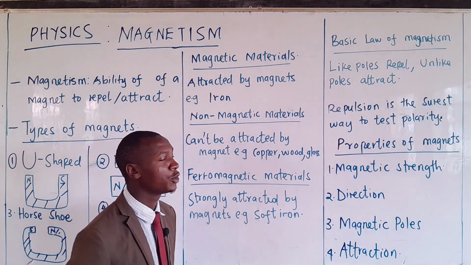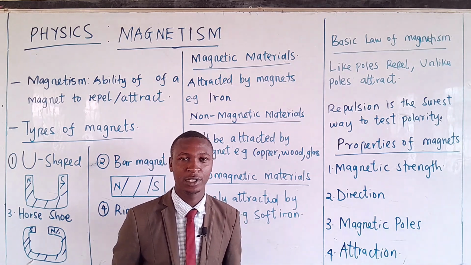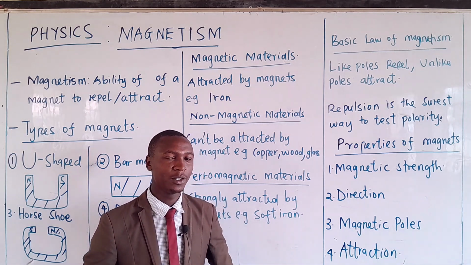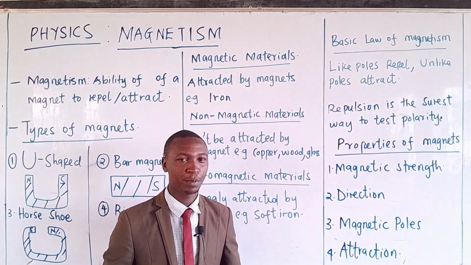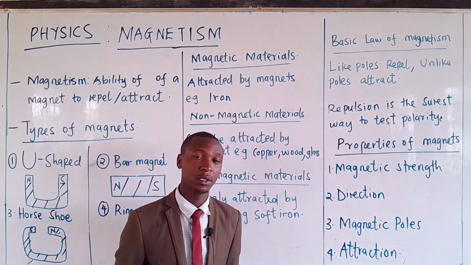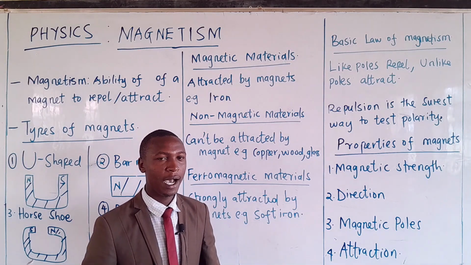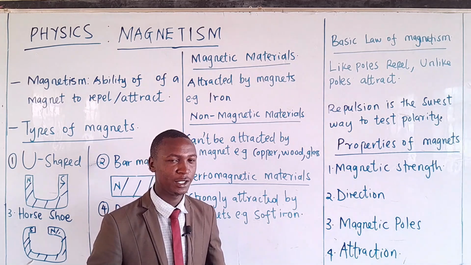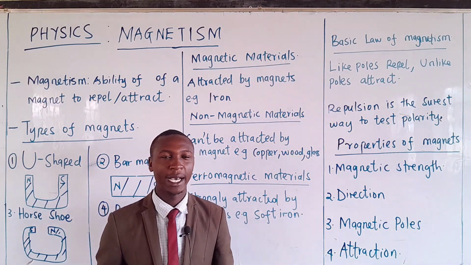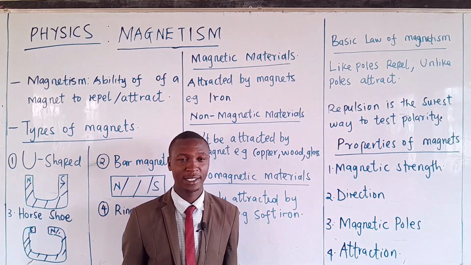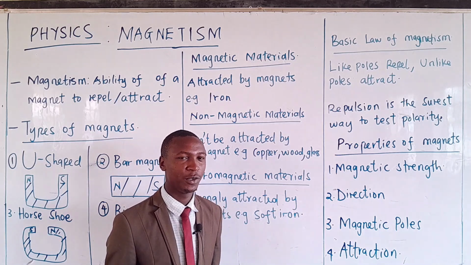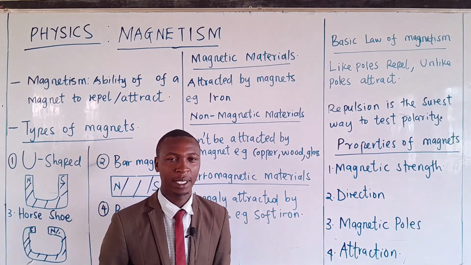Now, we also have what we call non-magnetic materials. Non-magnetic materials are materials that have the property of not being attracted by a magnet. So if you bring a magnet closer to a material and that material is not attracted, then we say that material is a non-magnetic material.